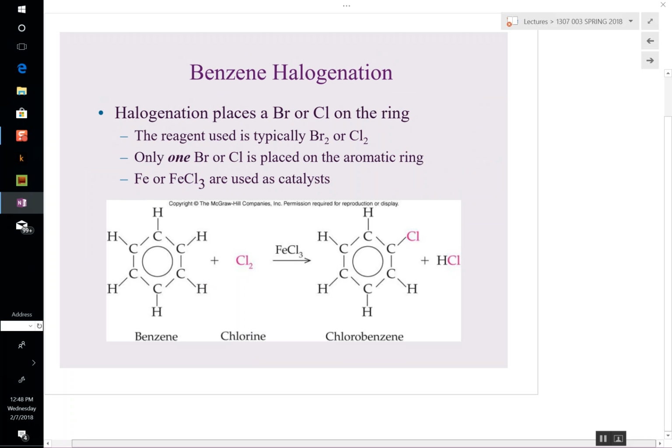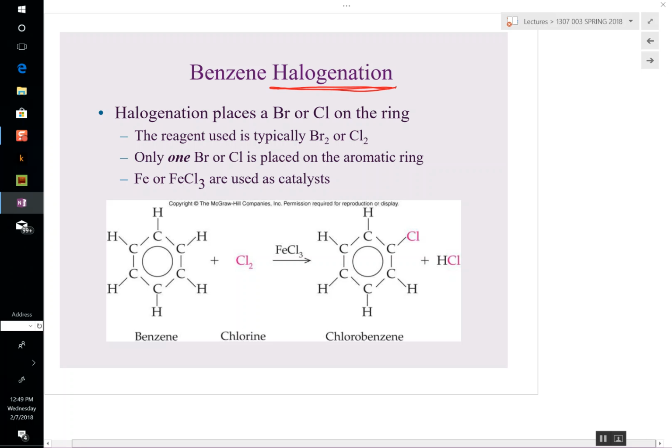Okay, now, there are several reactions we could talk about in terms of aromatics, but this is the only one I'll hold you responsible for, the halogenation of an aromatic. Benzene is the example here. We've got the structural formula. You can see you've got 6 carbons, 6 hydrogens.